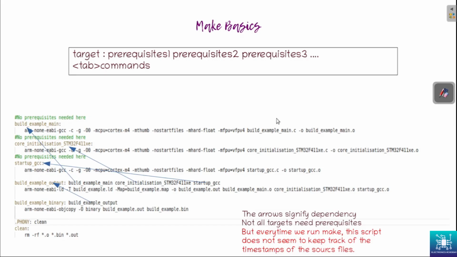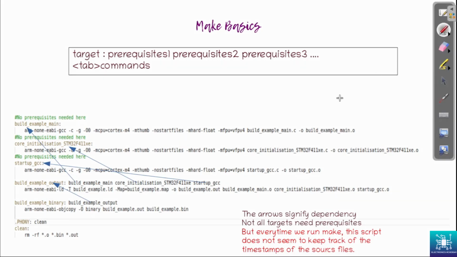Okay, let's draw the graph. It may not be storing it in this way, but nevertheless, let's see how the graph may look. Suppose we have build example binary, which is dependent on build example output.